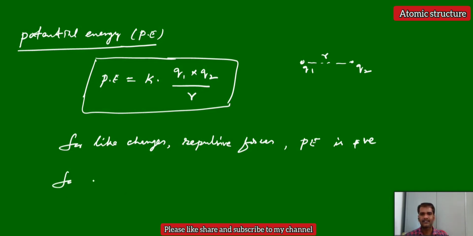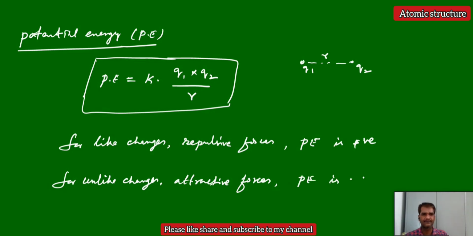For unlike charges, where the two are different, attractive forces will dominate. Attractive force means the energy will decrease, so the potential energy is negative.